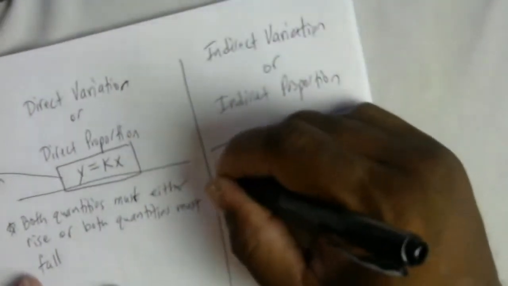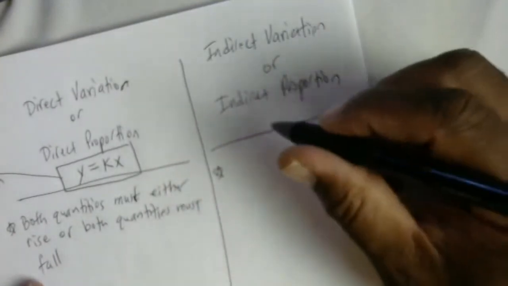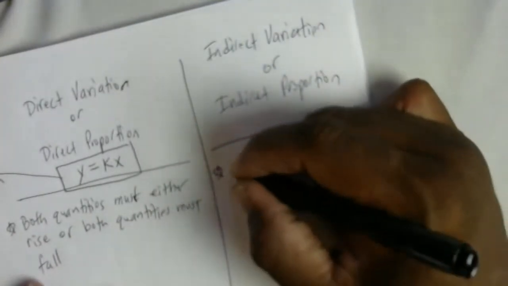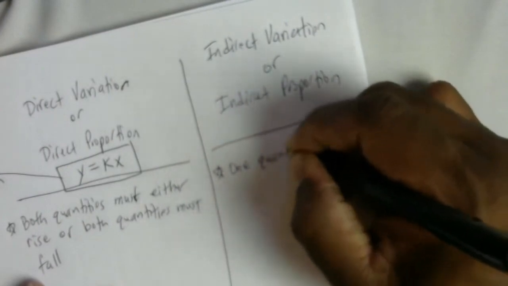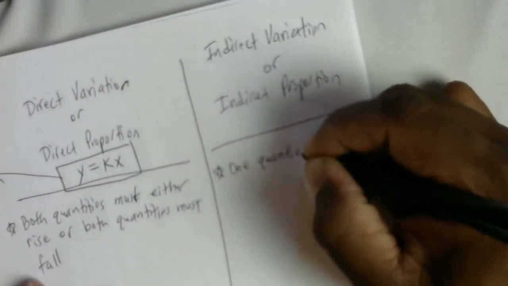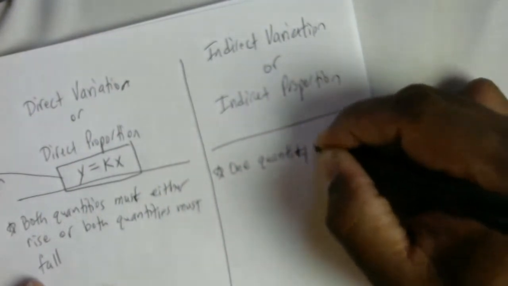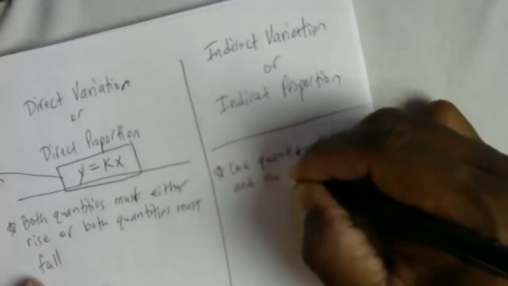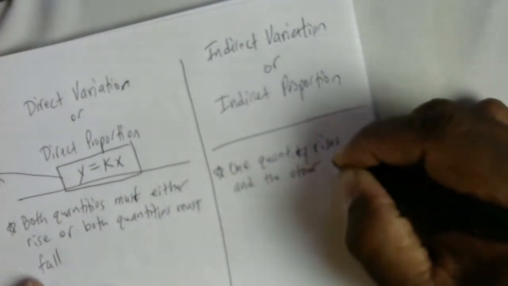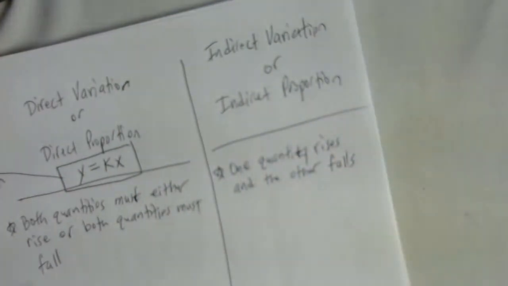All right, so we'll start with this. For an indirect proportion, one quantity rises and the other falls.